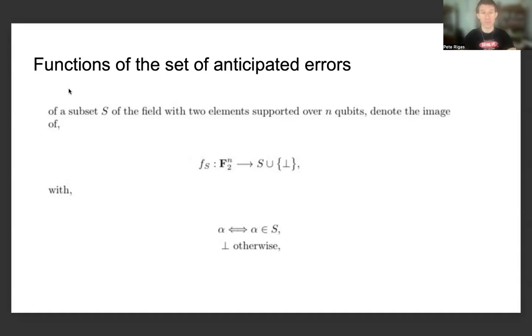This is important because whether we're looking at an applied or theoretical setting in quantum information theory and quantum information processing, we have to consider functions of the set of anticipated errors.